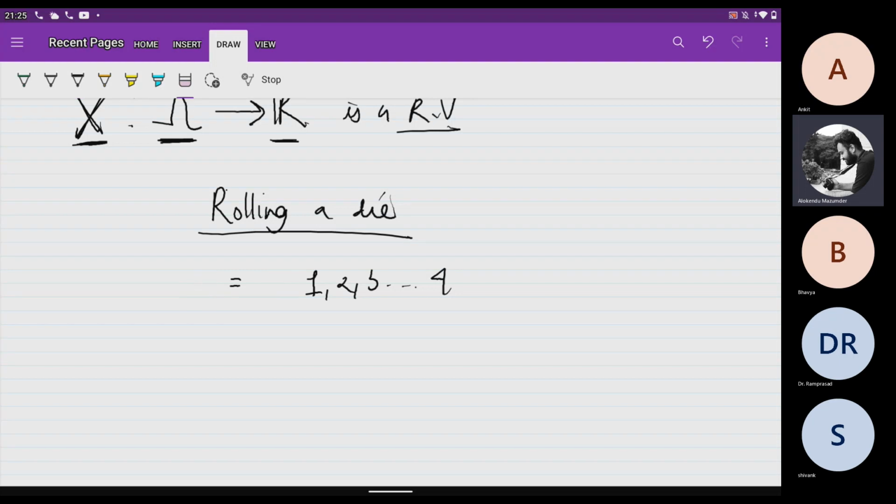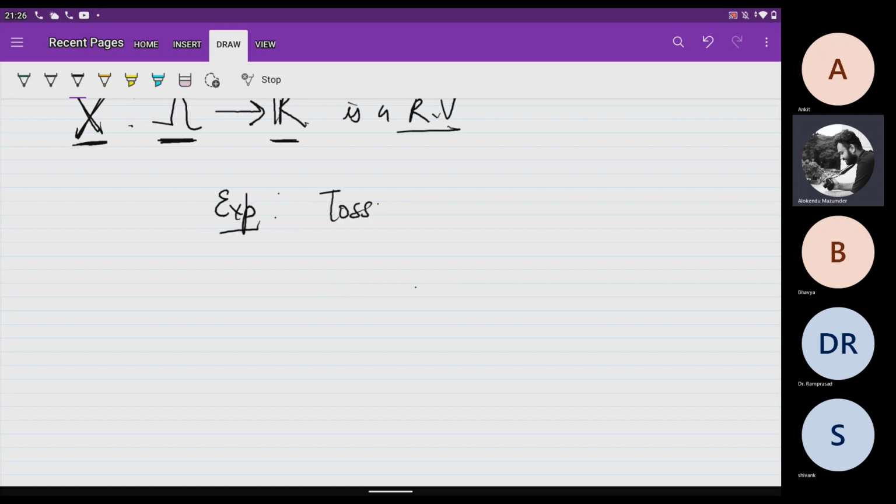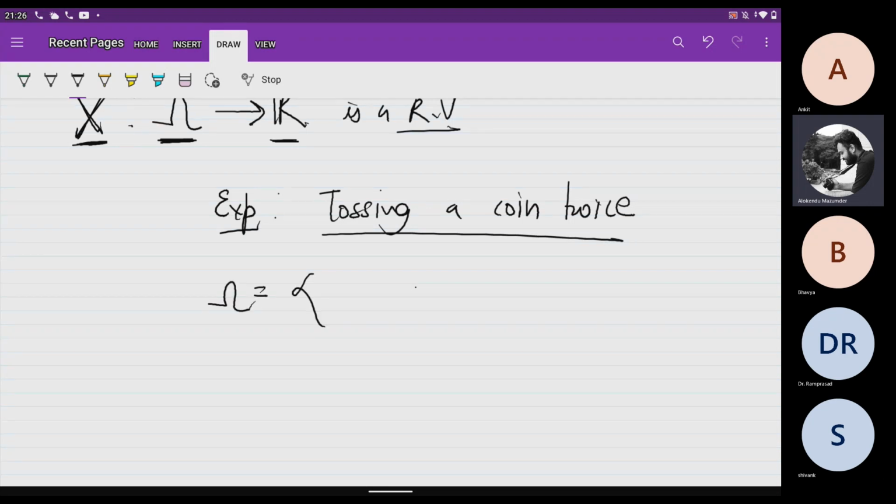Let's say it will be a confusing problem, but let's take another example, because in sample space you will have a numerical value and real line you also have numerical value. So let's do an experiment where we are tossing a coin twice. What will be the sample space? It will be this, right?